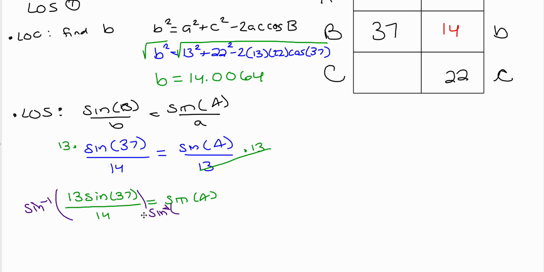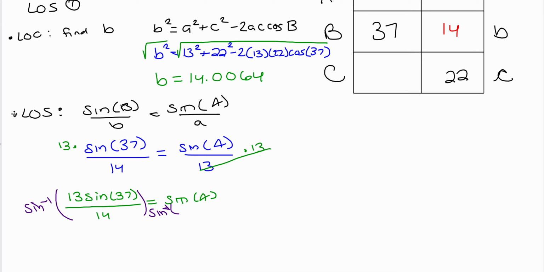So in my calculator, I am typing second sine, which gives me sine inverse, 13 sine 37, and I have to close a parenthesis because the calculator opened one for me. Then I'm going to divide that by 14, and then close the big parentheses.